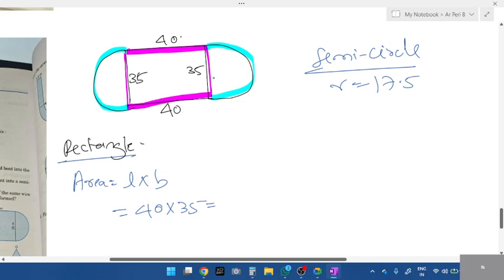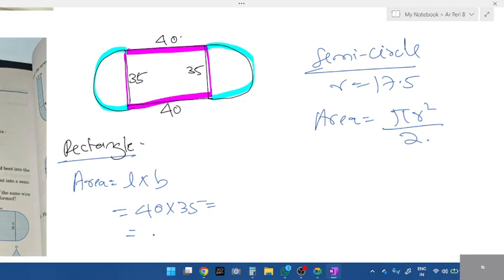So there are two semicircles. Find the area of one semicircle, all of you. Area formula is pi r square divided by 2. Basically you need to find the area of both. Add them. Find the perimeter of both and add them.